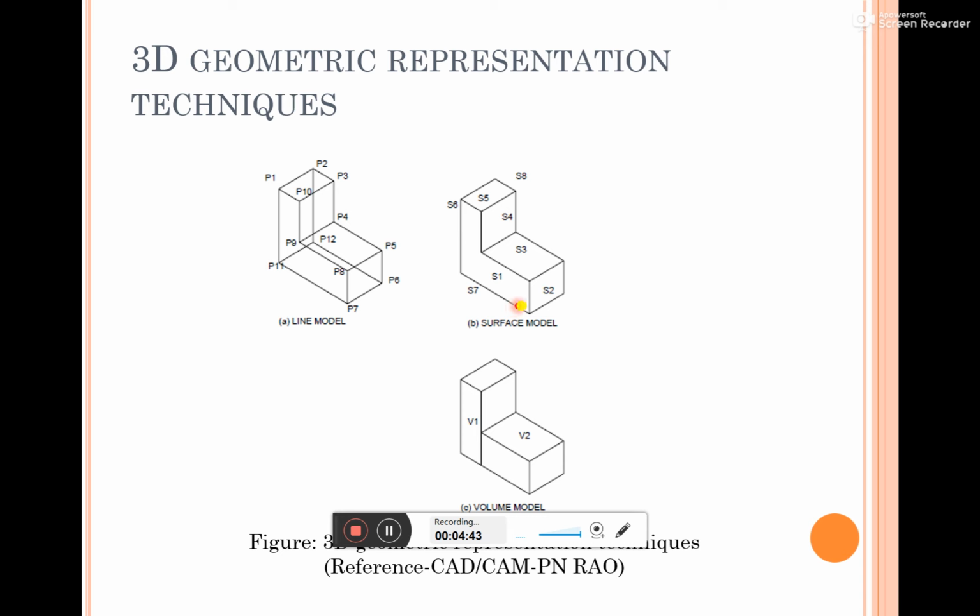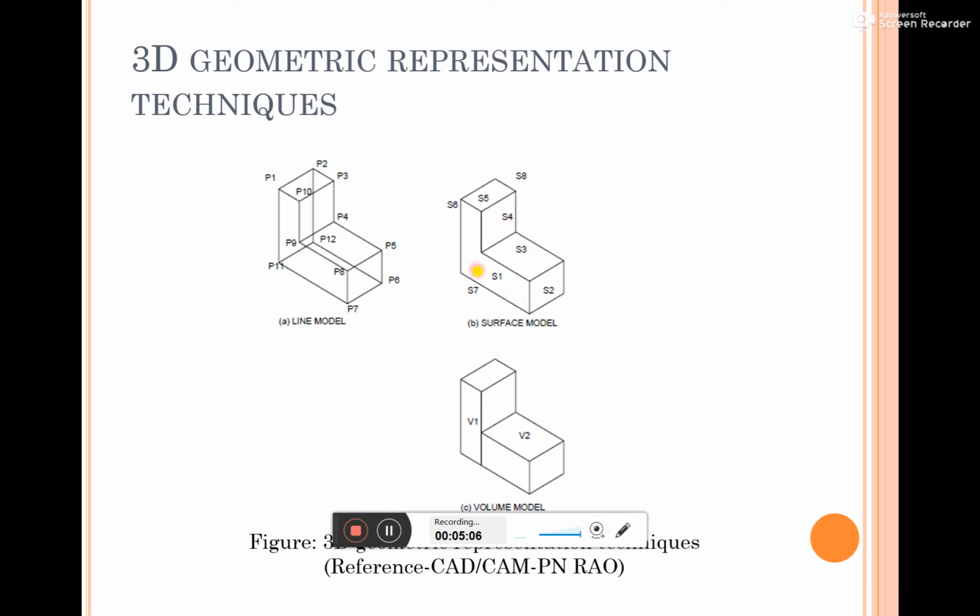The second one is the surface model. In the surface model, we build the 3D model by adding different surfaces. You can see the same object here in the second case, represented by using 8 different surfaces.